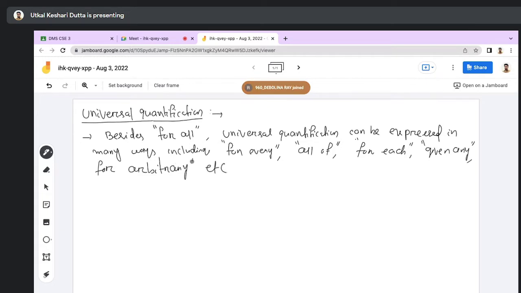That means in an English sentence, for all stands for universal quantification. So instead of for all, we can use some other phrase of English, that is for every, all of, for each, given any, for arbitrary. Arbitrary means it may be any. Any means for all. That means all these phrases can be used instead of for all.